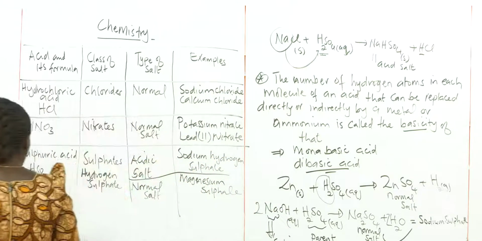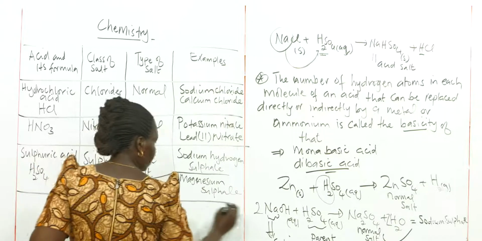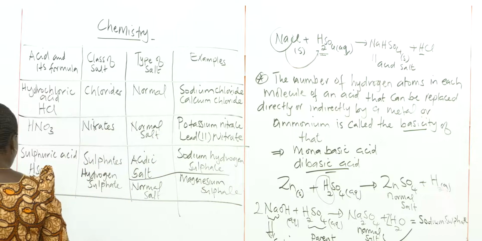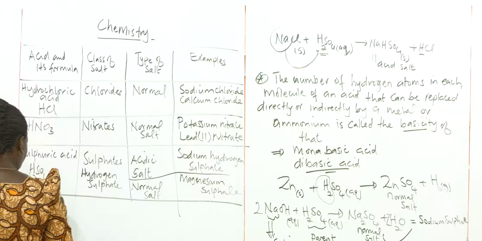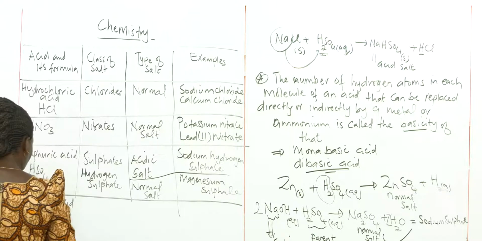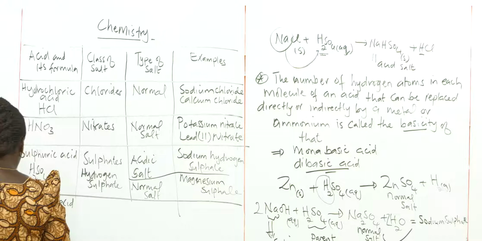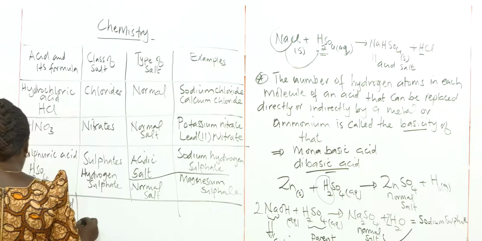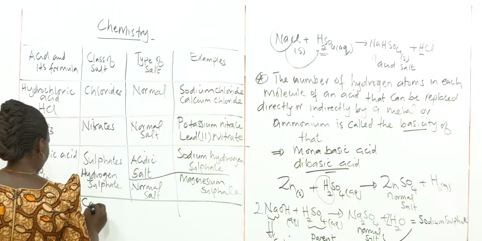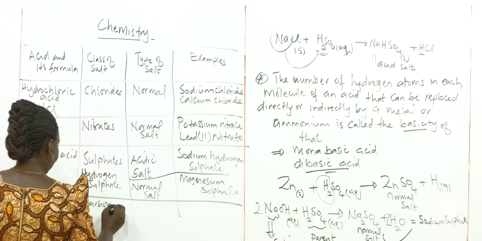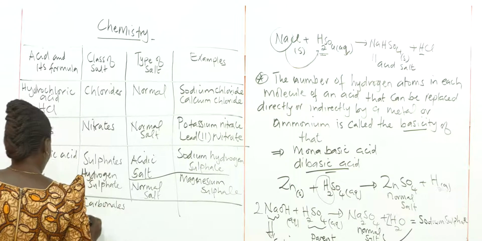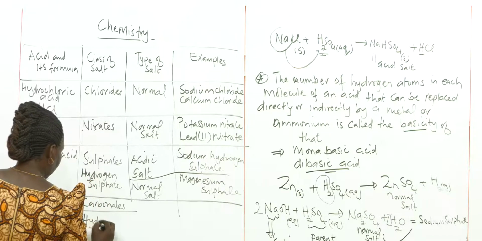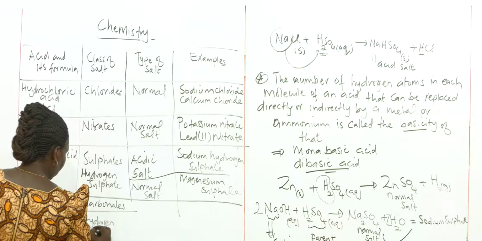Then we have carbonic acid, H2CO3. The class of salt will be carbonates, or we can have hydrogen carbonates.